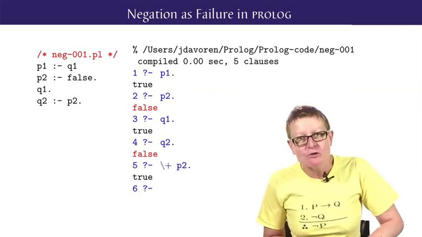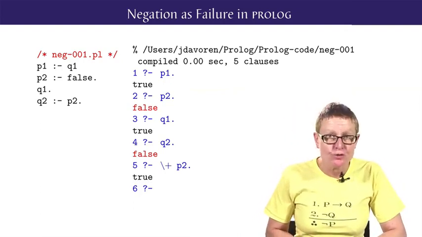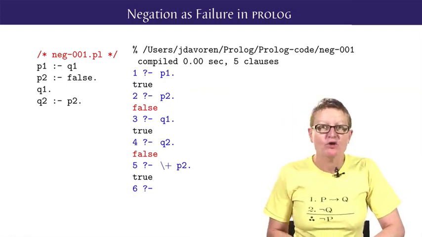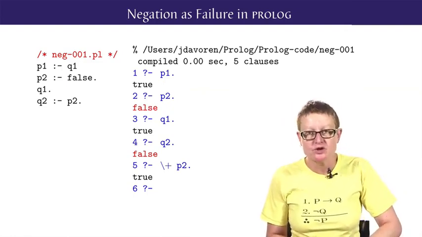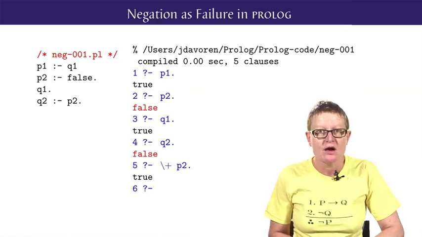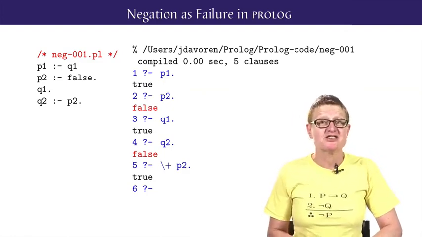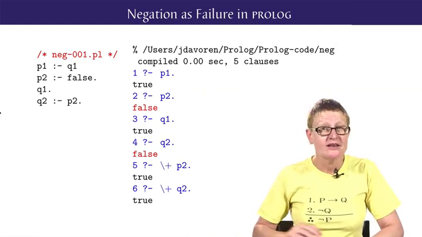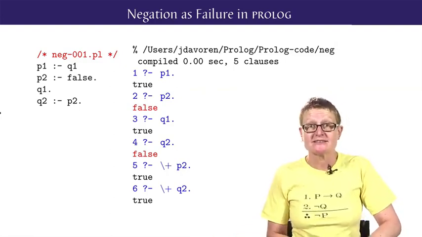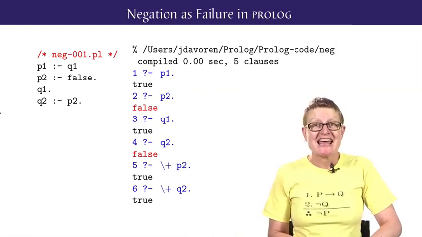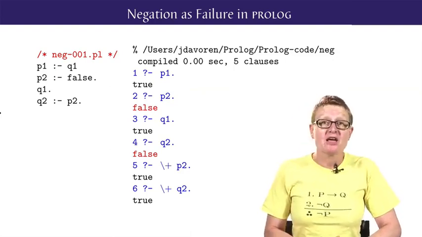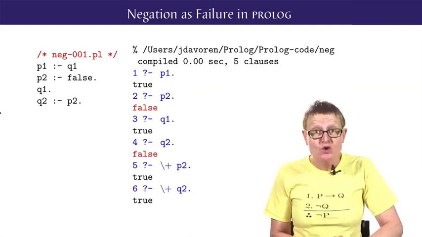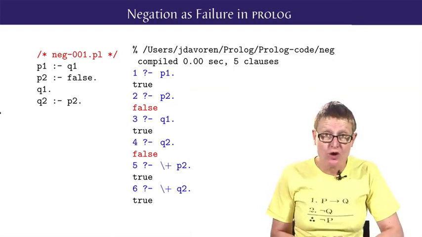This negative query is answered true precisely because the positive query for P2 is answered false. That is all the negation symbol means in PROLOG. Likewise, the query for \+ Q2 is answered true because the positive query for Q2 is answered false.